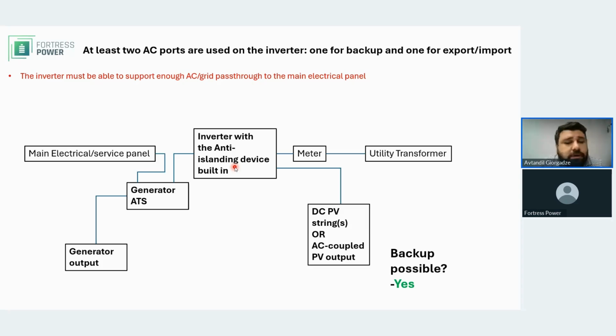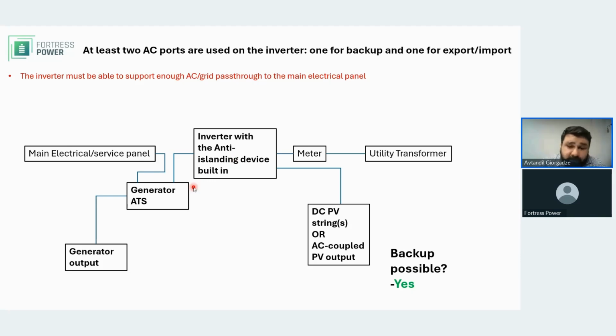So it will do what it would normally do and will change the position of its arms and go from normal to standby as a power source, standby being the generator. So now the generator is allowed to provide power to the main electrical panel, but in this case, yes, you have redundancy, but you lose the ability to charge your batteries using the generator power.